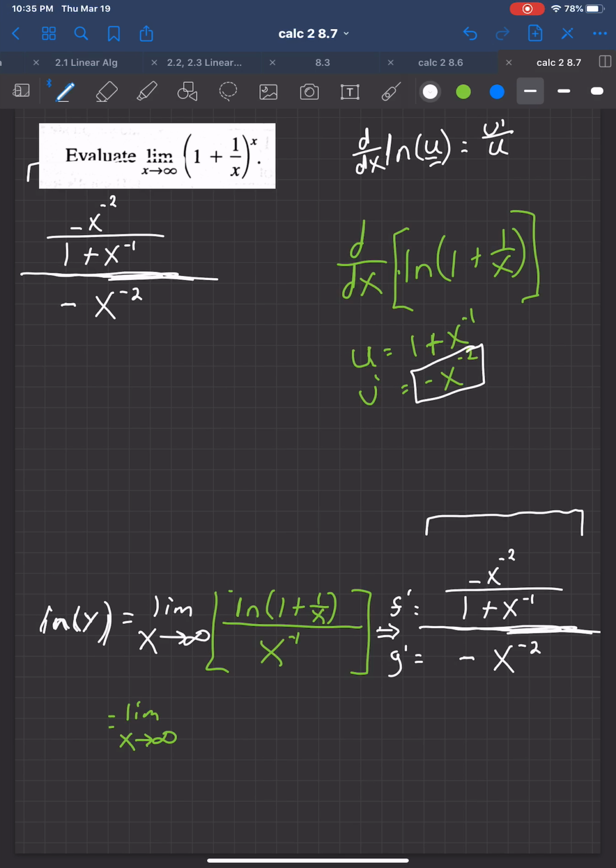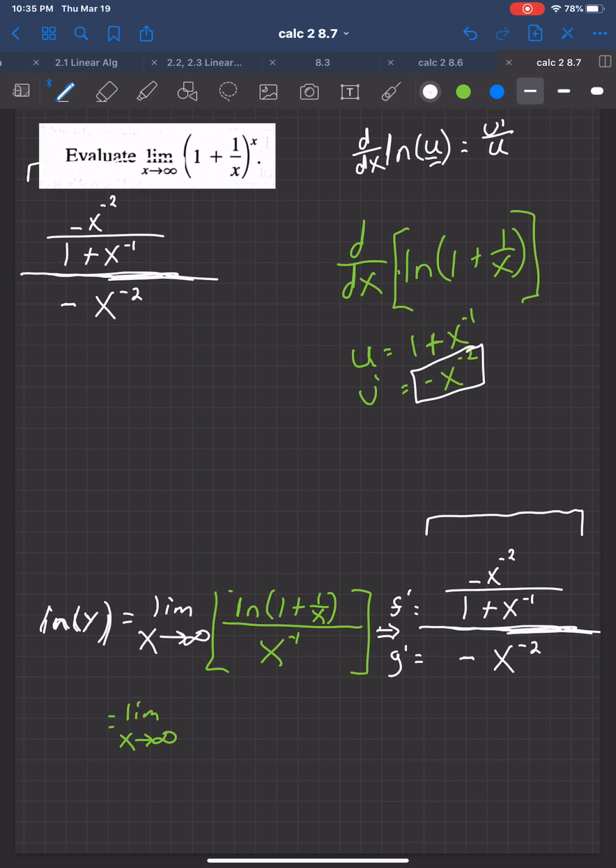So let's simplify it. So I can think about that as negative 1 over x squared over, no, much easier. Anybody notice this?